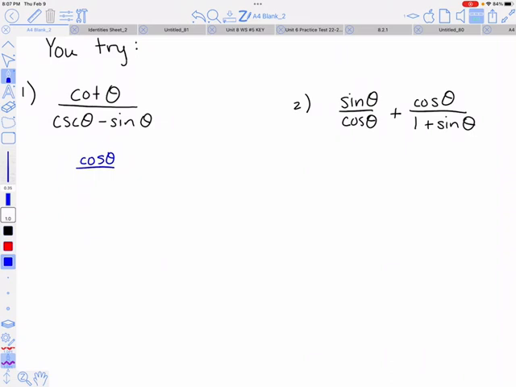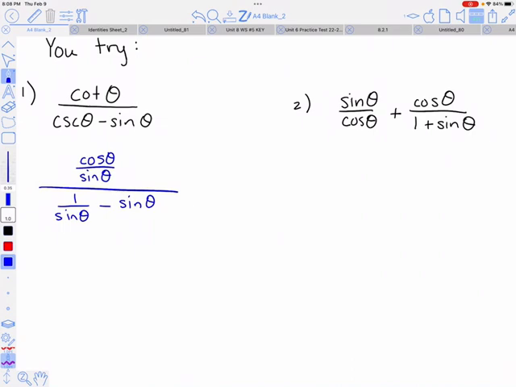I have a secant that I can write as 1 over sine. And I have a sine that I'm going to leave alone. Now, you're going to be reluctant to do that just because it makes it look worse. But this is actually going to get better. It's just that now everything is in terms of common variables.